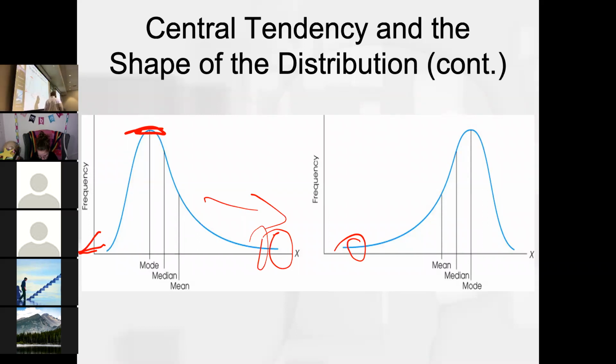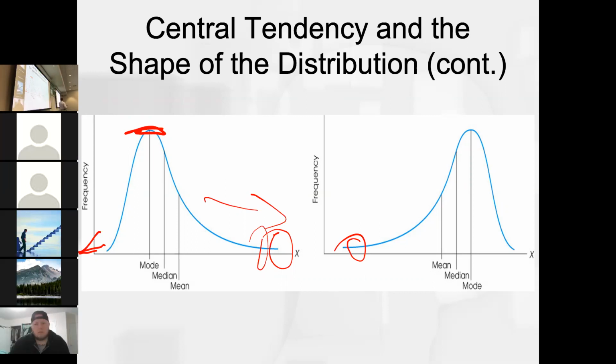All right, so somebody give me another example of when we might want to use the mean. What sort of data? What real world example would we want to use the mean for? Average what?